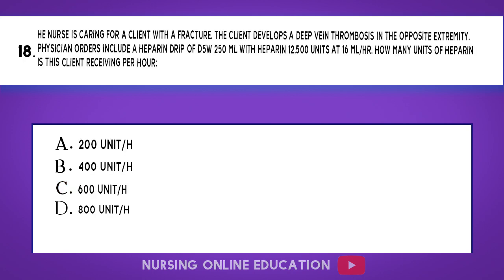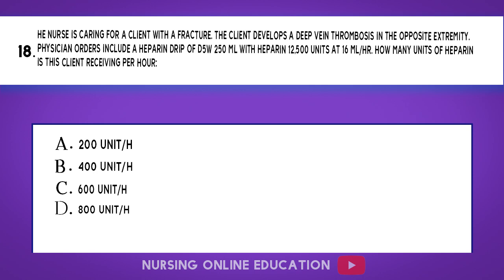18. The nurse is caring for a client with a fracture. The client develops a deep vein thrombosis in the opposite extremity. Physician orders include a heparin drip of D5W 250 milliliters with heparin 12,500 units at 16 ml/hr. How many units of heparin is this client receiving per hour? A. 200 units/H.